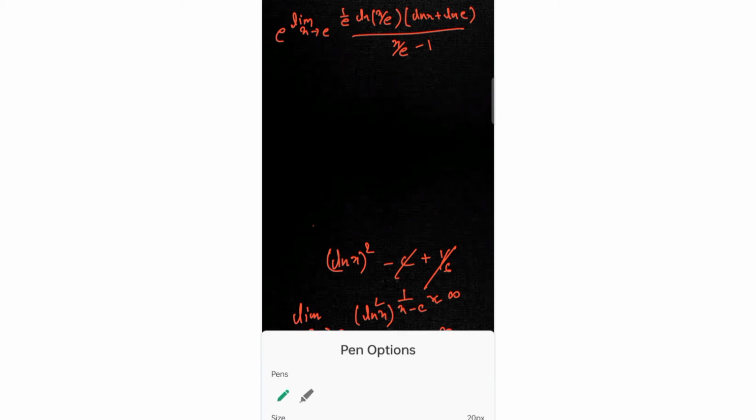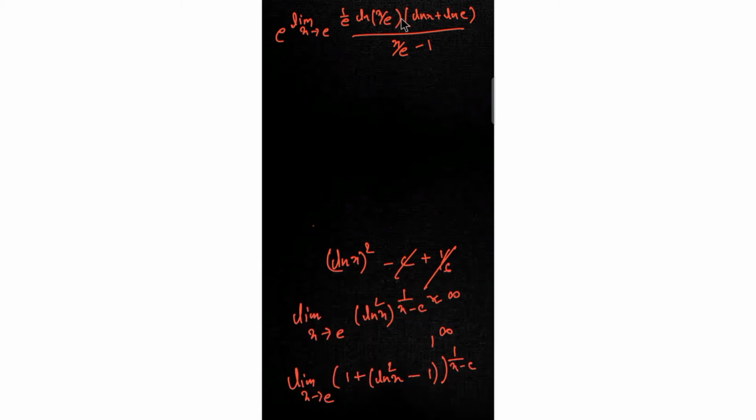Now if you observe this carefully, ln(x/e) divided by (x/e − 1): if I assume this x by e as some y, then the limit x tends to e becomes y tends to 1, because x tends to e means, dividing by e on both sides, x by e is y.